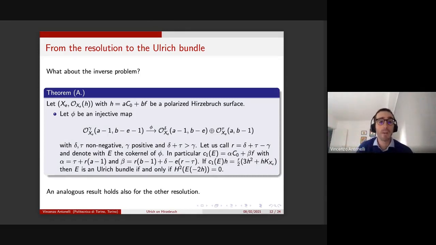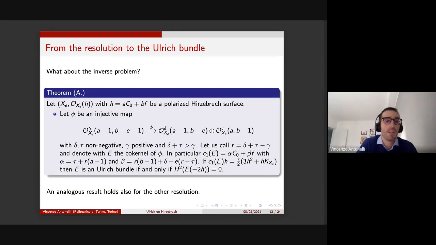If you take an injective map with the right exponents, so the right invariants there, and if the degree of the first Chern class is the right one, so as I told you before, the degree of the first Chern class of an Ulrich bundle is fixed and is exactly equal to this number, then the cokernel is an Ulrich bundle if and only if it satisfies this vanishing in cohomology: H2 of E minus 2H is equal to 0.